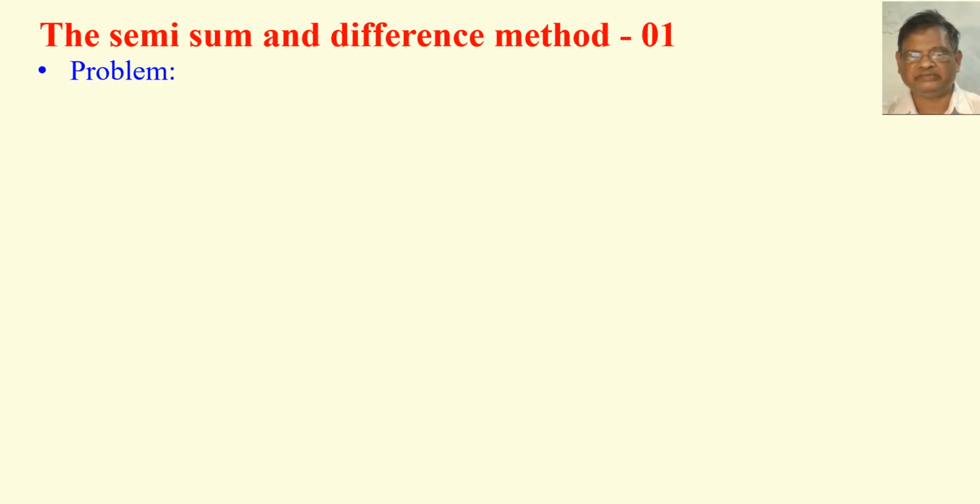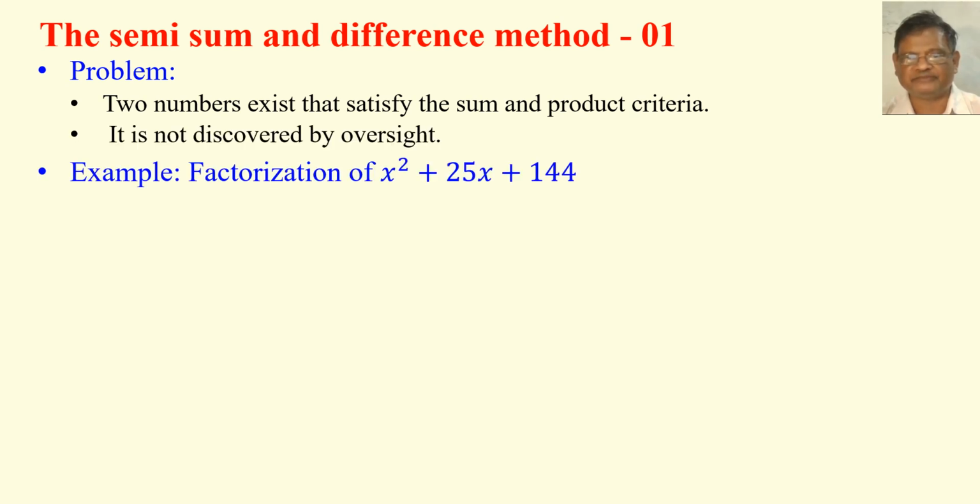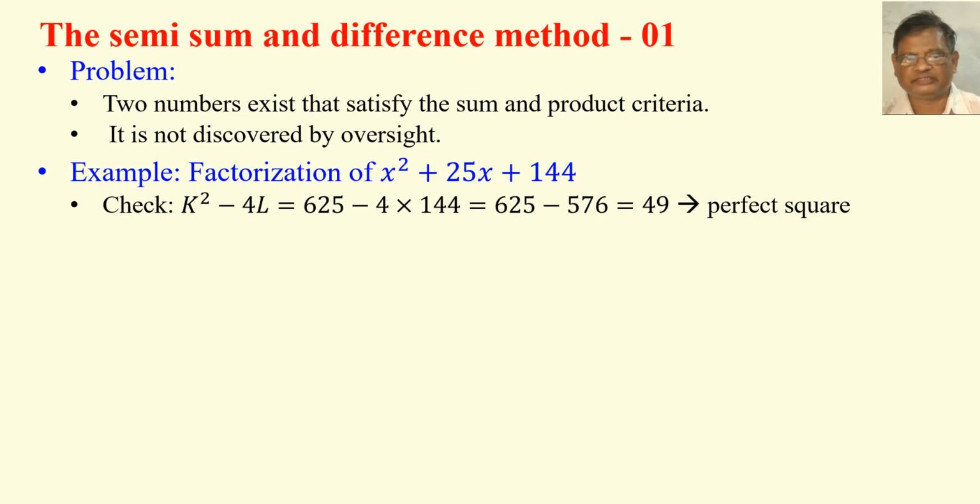Problem. Even if two numbers exist that satisfy the sum and product criteria, they may not be discovered by oversight. Example. Factorization of x squared plus 25x plus 144. If we check k squared minus 4l, it is equal to 625 minus 4 times 144, which is equal to 625 minus 576, which is equal to 49, and is a perfect square.